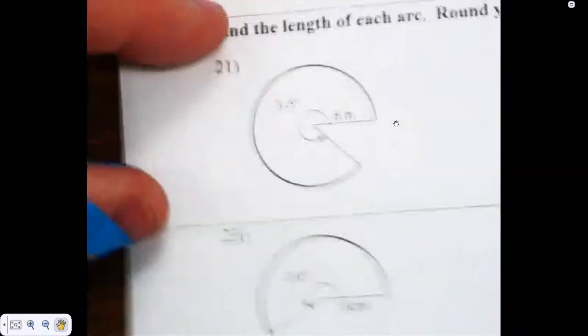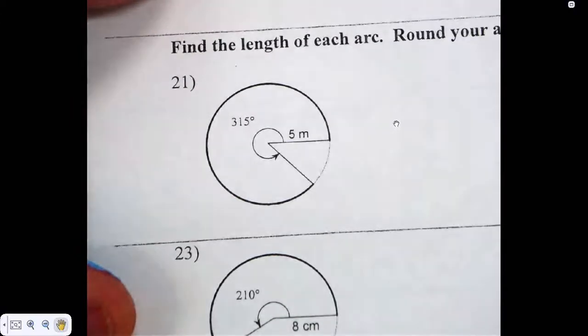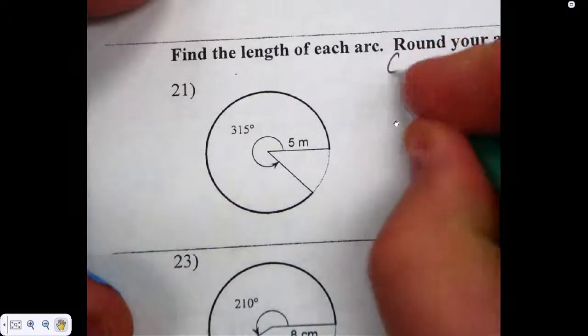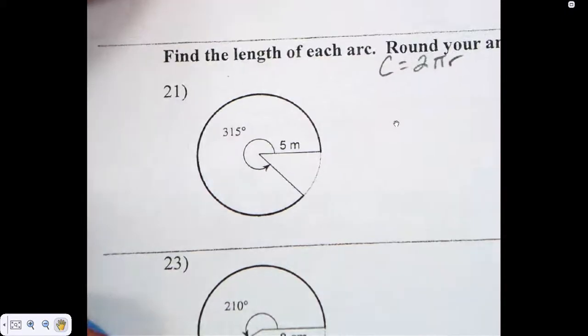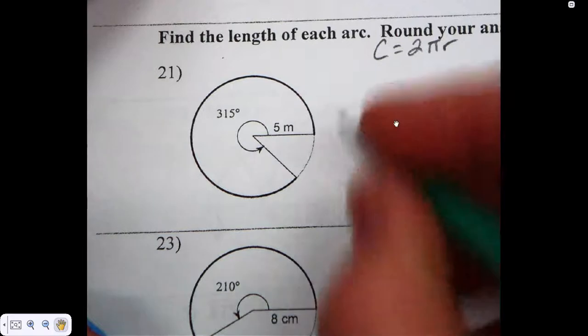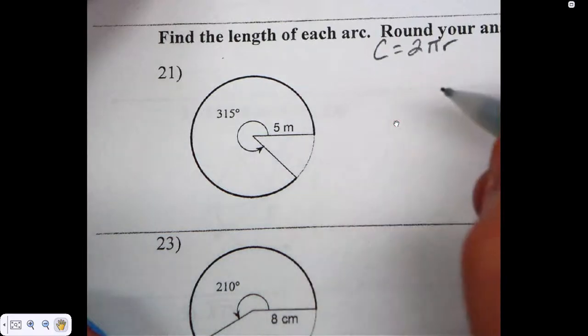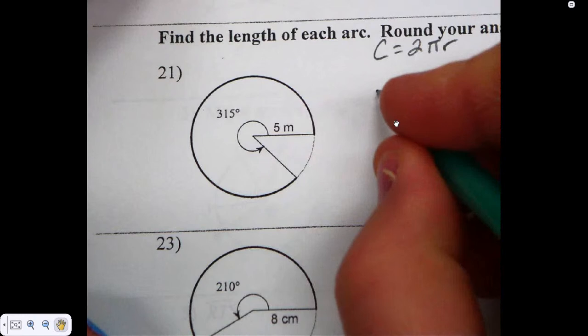Now let's try to look at 21. How hard is this? If they're going to give you radius each time, what should you use as your formula for circumference? 2 pi r. So in number 21, what would be the length of this arc?